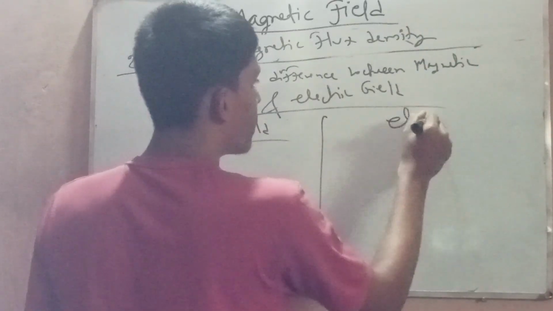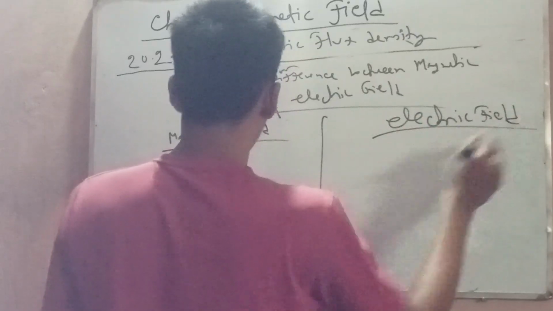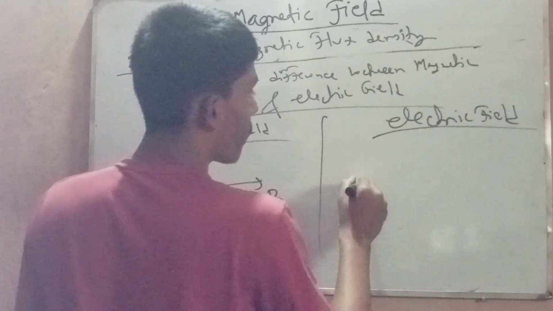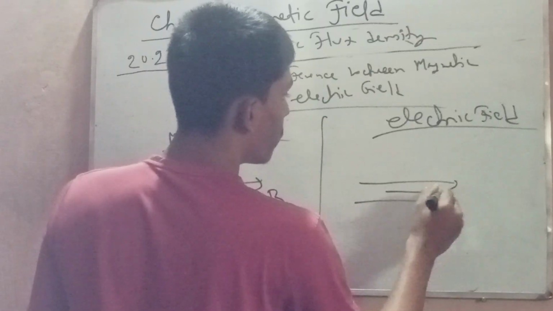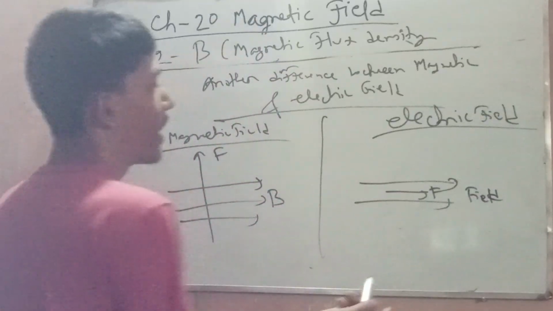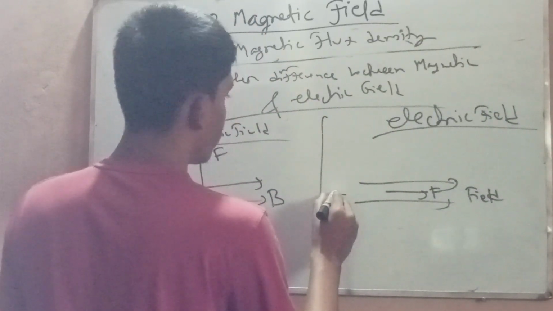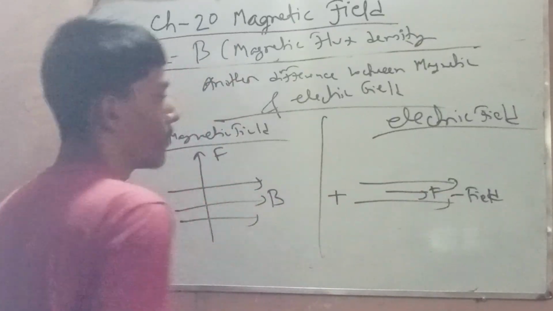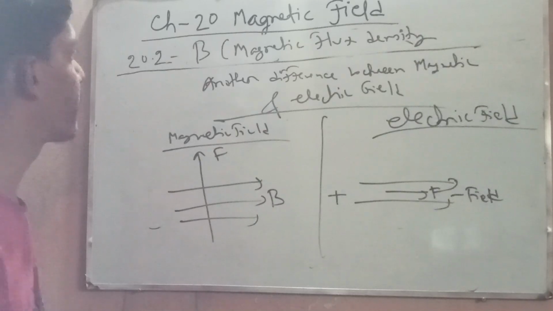And in case of an electric field, the force direction is along the field direction. This is another difference between magnetic and electric field.